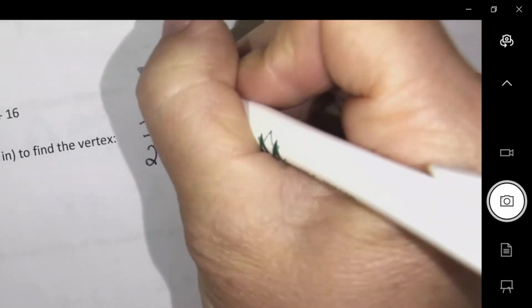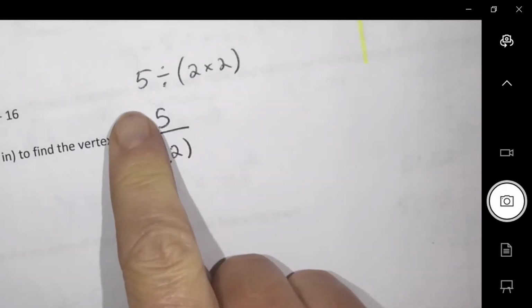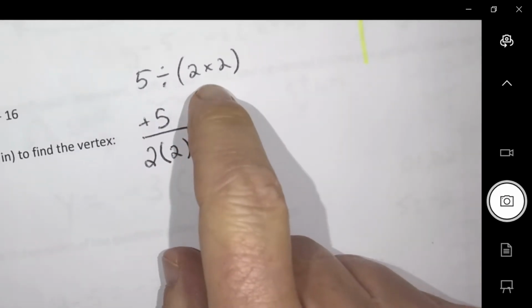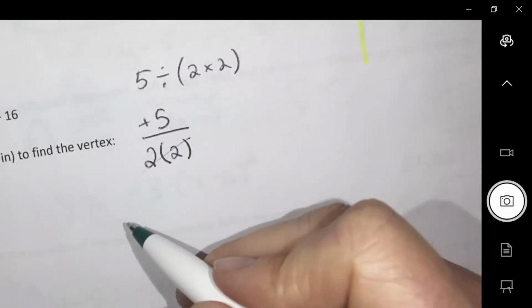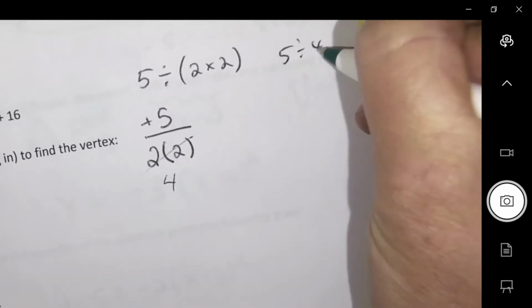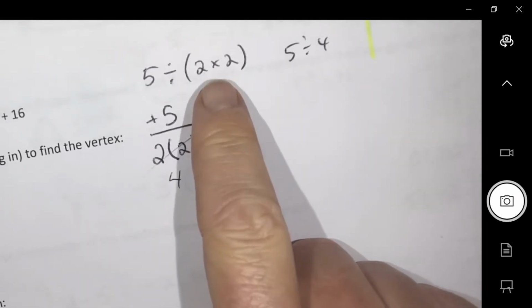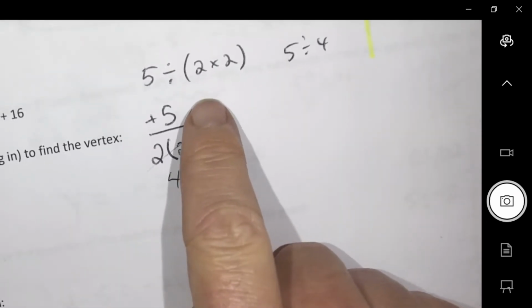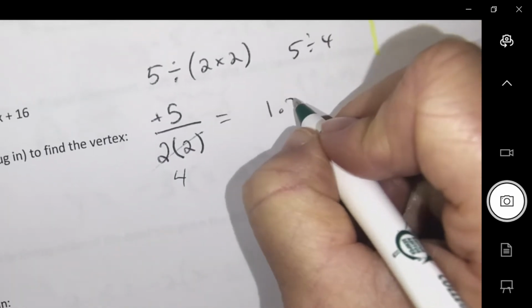So if you're doing this in your calculator, this is what your calculator would have to look like. Or I recommend doing that first, and then you can just go 5 divided by 4. But if you don't do that first, you have to make sure there's brackets on that piece, okay? So 5 divided by 4 should give us 1.25, right?